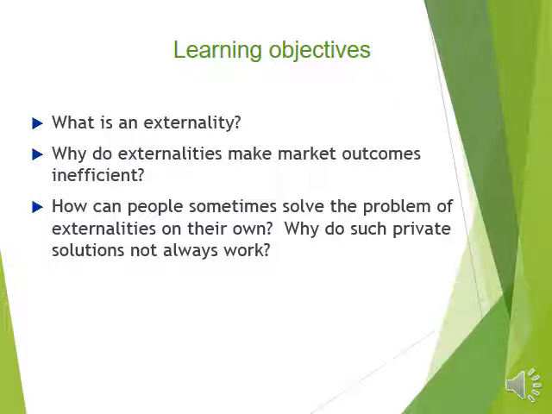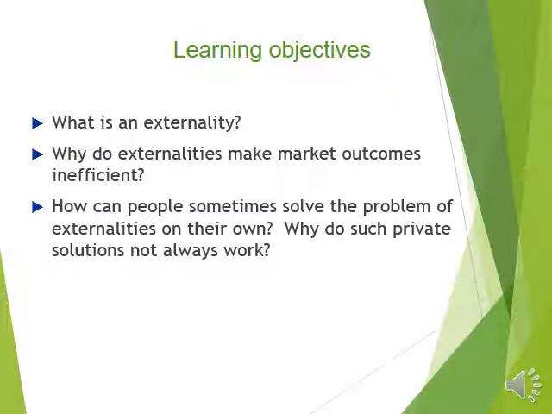If I'm a neighbor and I don't want the dog to bark, I will pay money to the person to get rid of the dog. And if the money I pay him is more than he values the dog at, then he benefits and I benefit. That's a private solution.